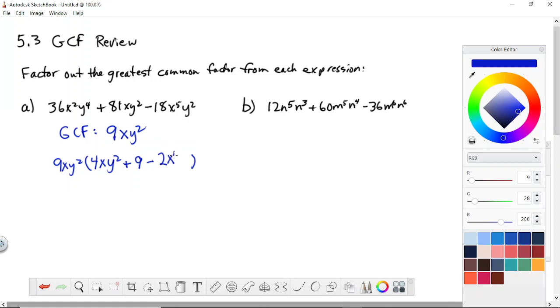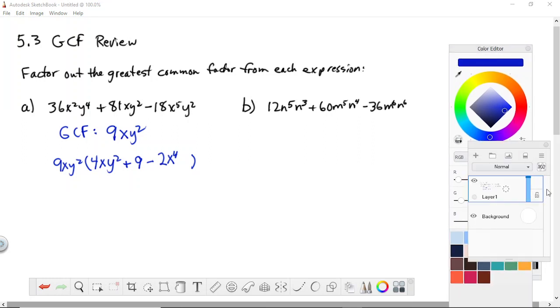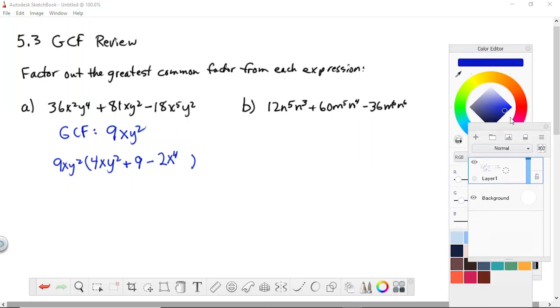So we have x to the fourth. And then we have one more. Y squared divided by y squared. Well, that's 1. Okay? So I'm just going to move over the parentheses here a little bit.